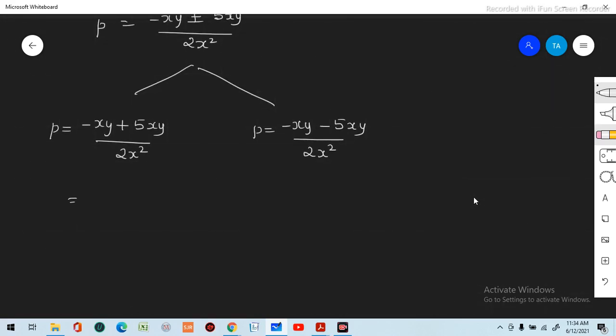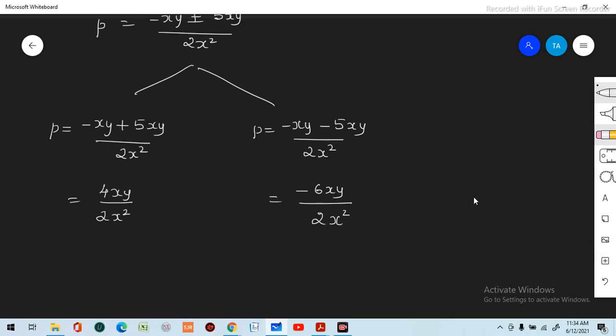So now this is equal to 5xy minus xy is 4xy, correct, divided by 2x square I have. On the right hand side I have minus xy minus 5xy is minus 6xy, so divided by 2x square.